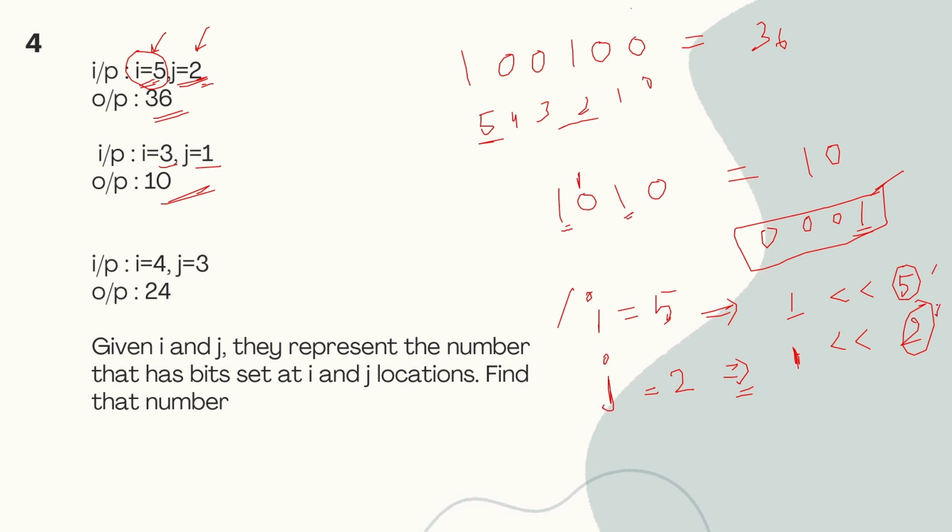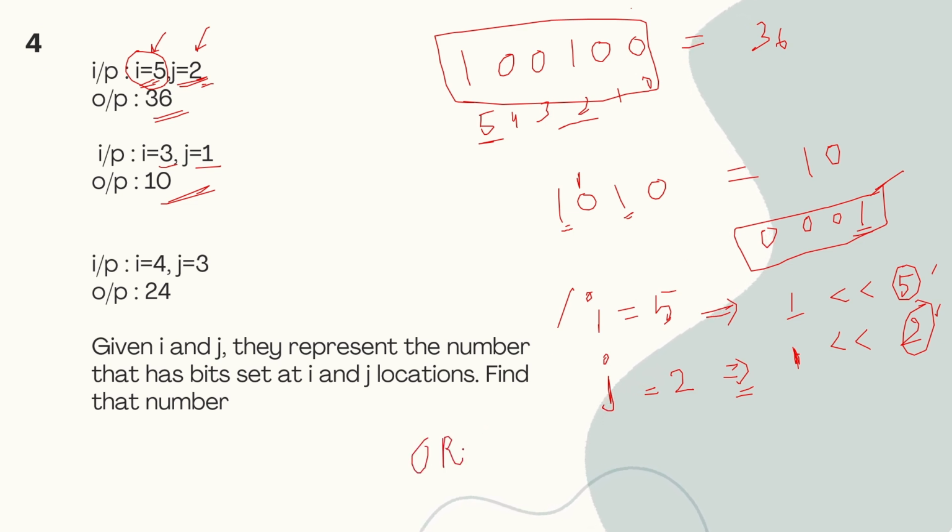Then what else we want to do? We want a number in a combined manner. That means initially we have seen 1 at 5th position and 1 at 2nd position, but we want it at both the positions. At both the positions there is something you can do. What? Yes, you can apply an OR operator.